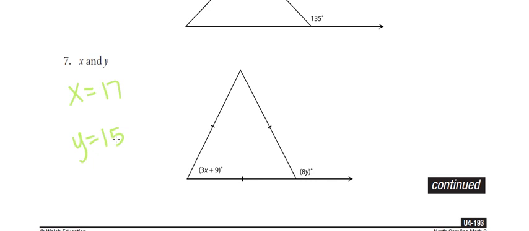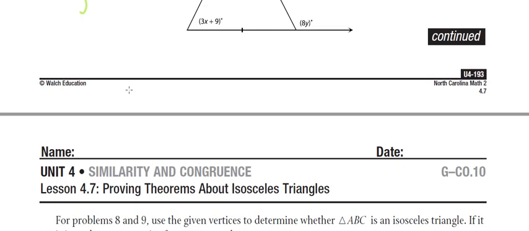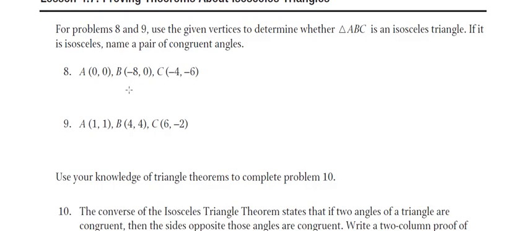Then we went over to numbers 8 and 9, where you needed to use the distance formula, or you could have graphed and used the Pythagorean theorem. In this one, we get that triangle ABC is isosceles, and it asks us to name a pair of congruent angles.